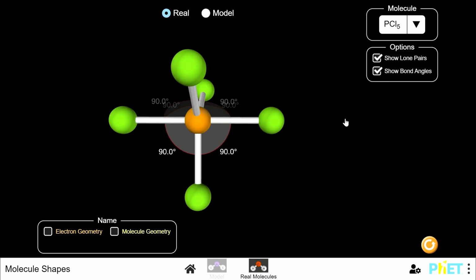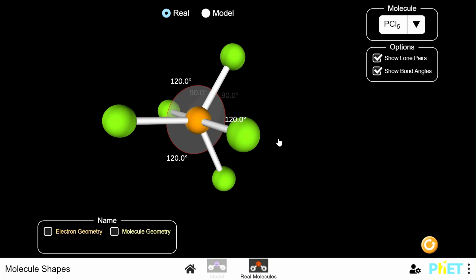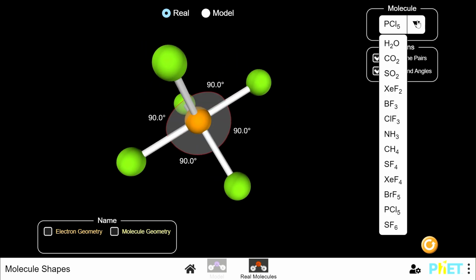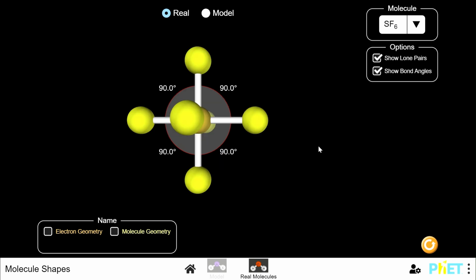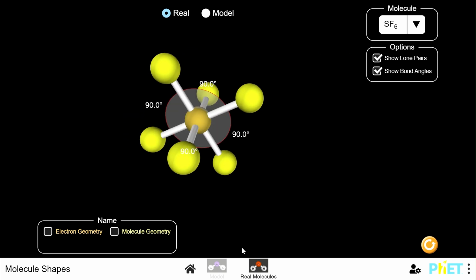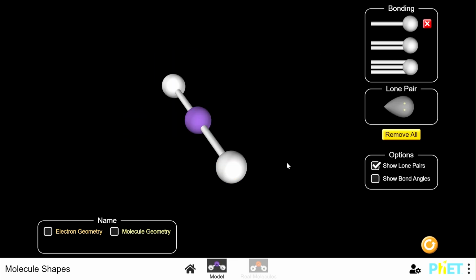So all kinds of geometries you can see here, and even when you are done with the real molecules given, you can go ahead and make your own molecules with the model, and you will be thorough with whatever molecules are given in your AP Chemistry exam.